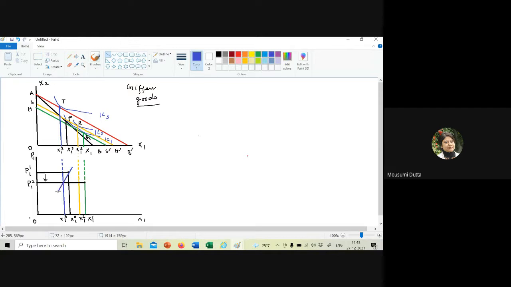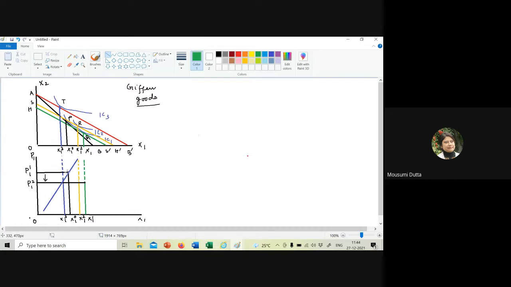It is positively sloped. This is the ordinary demand curve. And I'll also draw the Hicks and Slutsky compensated demand curves.